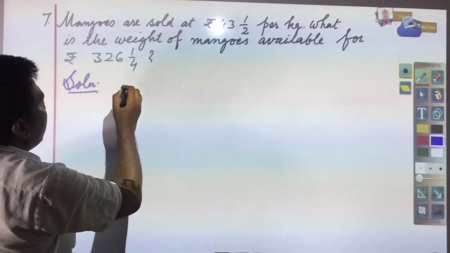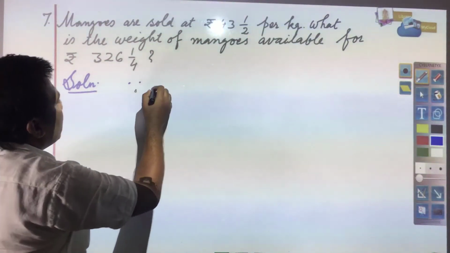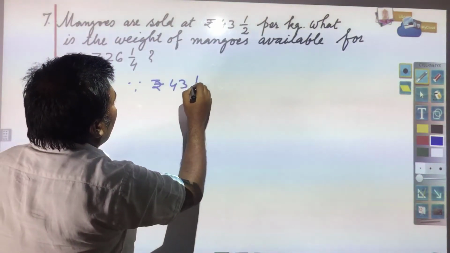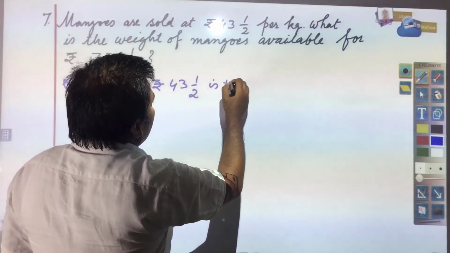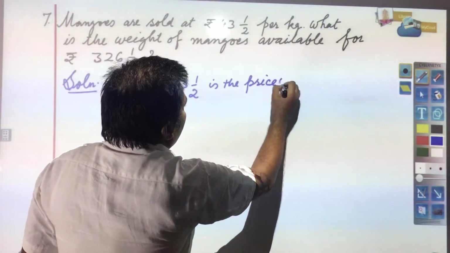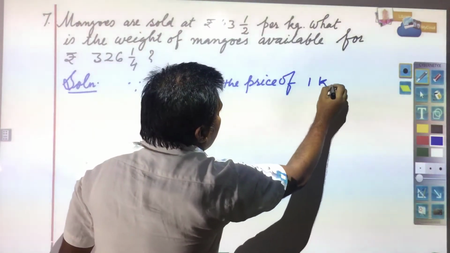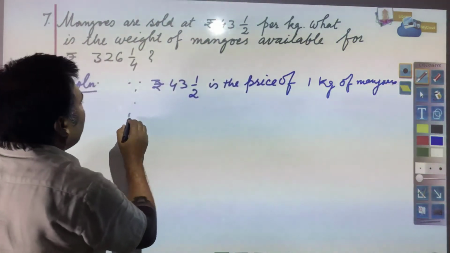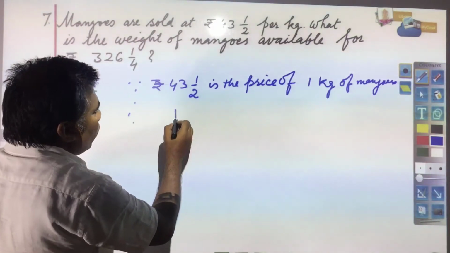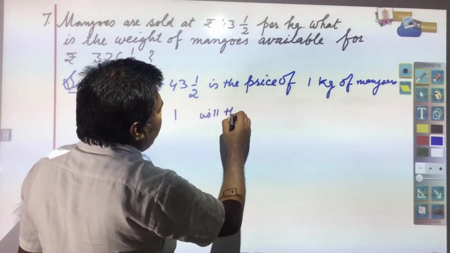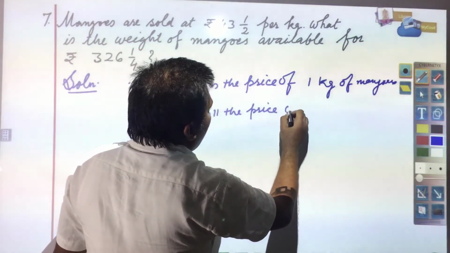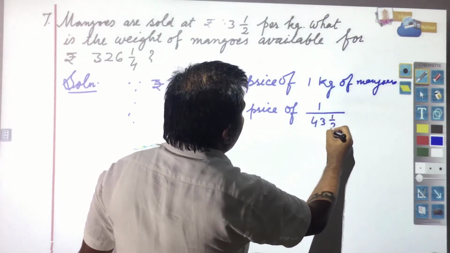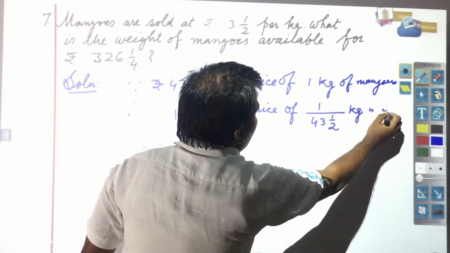So you will write: since rupees 43 whole 1/2 is the price of 1 kg of mangoes, therefore in 1 rupee we will get 1/43 whole 1/2 kg of mangoes.